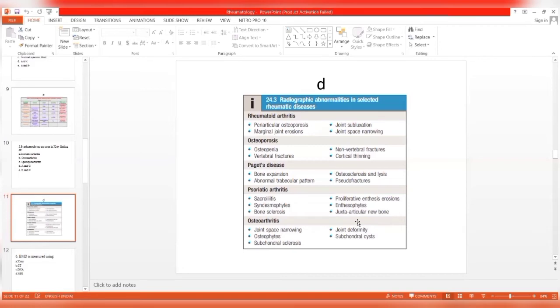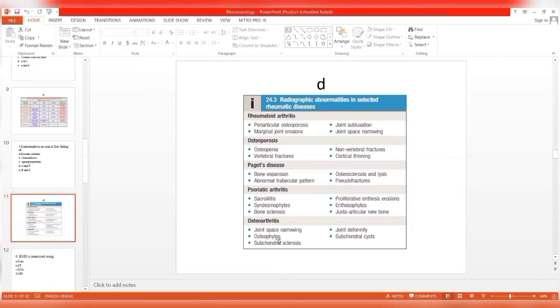Then osteoarthritis. What is osteoarthritis? We all know that it is a degenerative disease. In degenerative disease, there will be joint space narrowing. So you see joint space narrowing is in rheumatoid arthritis and also OA. There will be osteophytes. So osteophytes are the character of osteoarthritis. Syndesmophyte is the characteristic of what? Psoriatic arthritis and also spondyloarthritis.